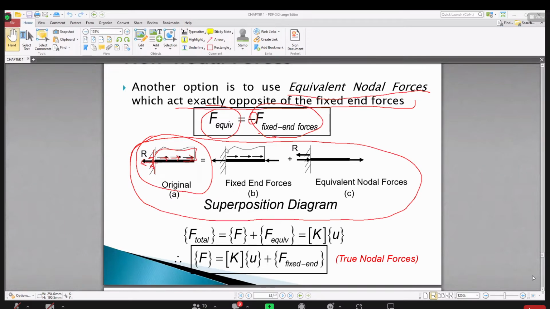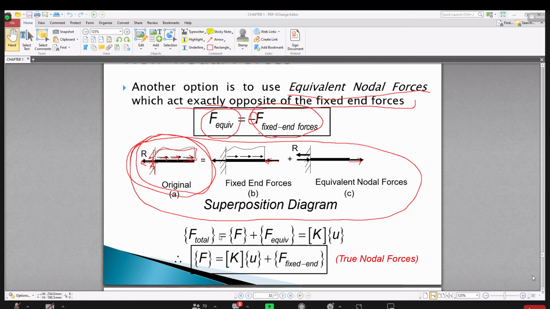So, ang fixed end forces ana niya is kani equivalent niya, no? Okay? So, plus the equivalent nodal force na to, no? So, equivalent nodal force na to, this one. No? So, kung imo na siyang i-add, i-superimpose nimo, ang result na would still be the same, no? As the original structure na to.